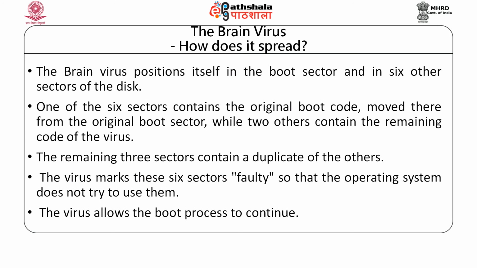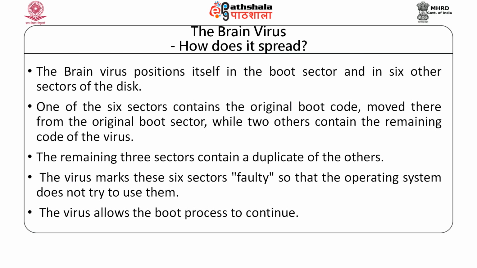The original boot sector is now moved somewhere else, where there are 6 sectors under the control of this brain virus. One of the 6 sectors contains the original boot code, moved there from the original boot sector. 2 others contain the remaining code for the virus, and the remaining 3 contain a duplicate of the 3 which we talked about.